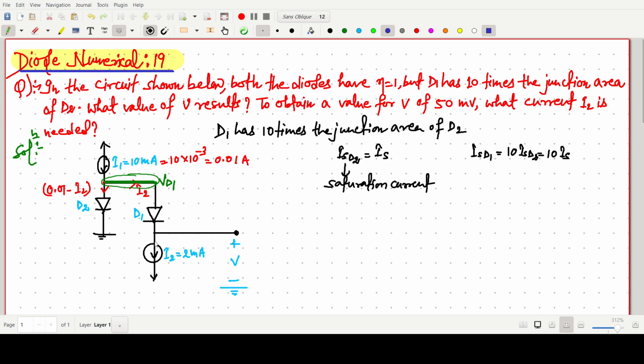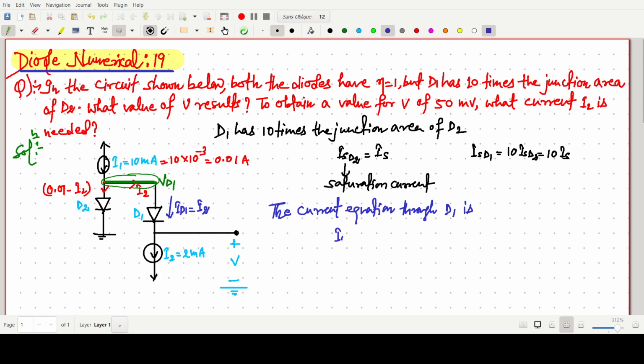The current through ID1. So what we can write? The current equation through D1, that is our, I am saying ID1, which is nothing but simply our I2.